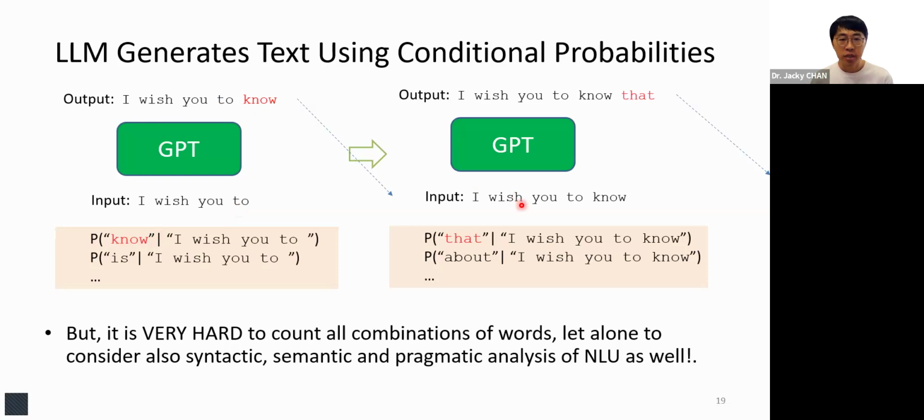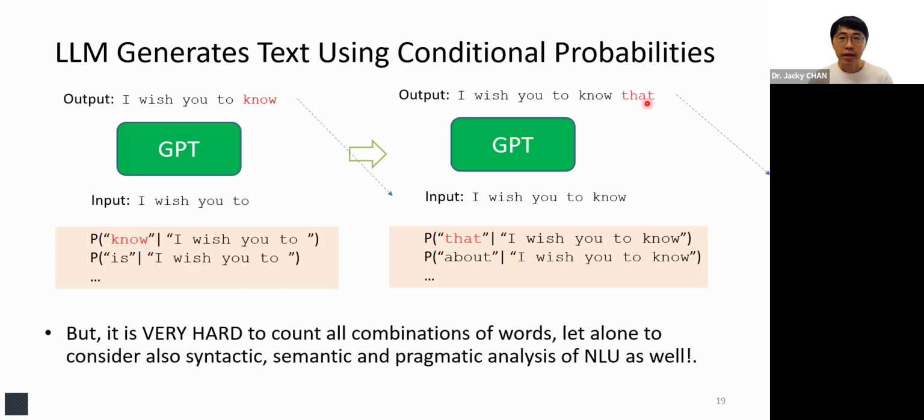So this time the input is "I wish to know". And again, we calculate the conditional probabilities of all the combinations. Let's say we find that "that" is the most appropriate response, with the highest conditional probability. And then we have "that" after "I wish to know", as you see on the screen.